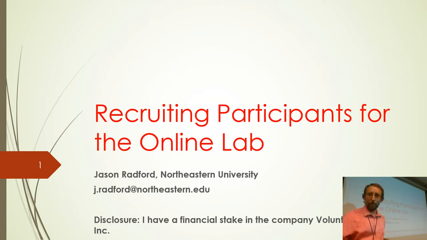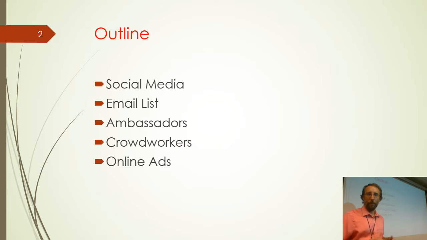So, without further ado, we're going to talk about a couple of different headline strategies. One is using social media: your Facebook friends and Twitter followers to recruit subjects. Building out a large email list of people that you've contacted before or that you know and can reach out to. We'll talk about the ambassador program that we've created and are piloting here.